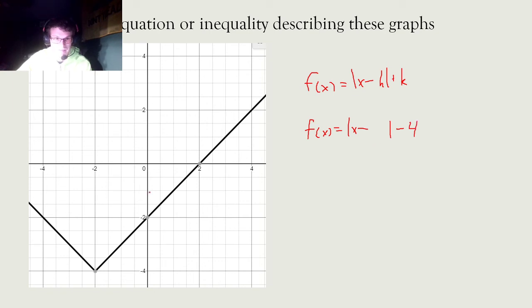Now I also notice that it is going to the left 2. So if it's going to the left 2, that means it technically is going to be a positive, because if it's going negative 2, it's going to be the opposite for my h. So that is how I obtain my absolute value inequality, okay?